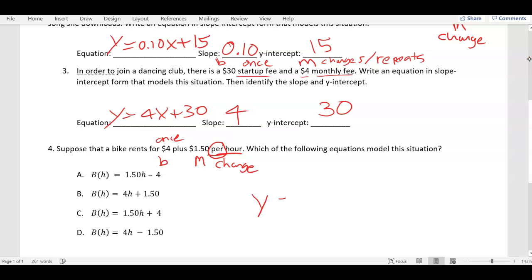So if I were to write it, it would be 1.50x plus 4. But we're not going to use x, we're going to use h for hours. And for the best answer, A has a minus, that's wrong. B and D mix up things. It's got to be letter C.